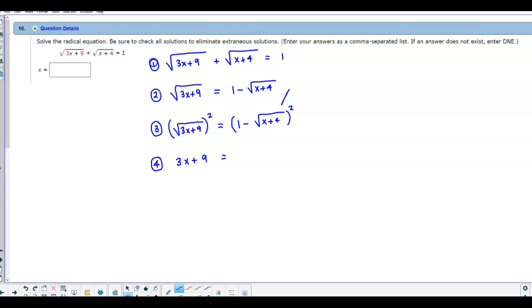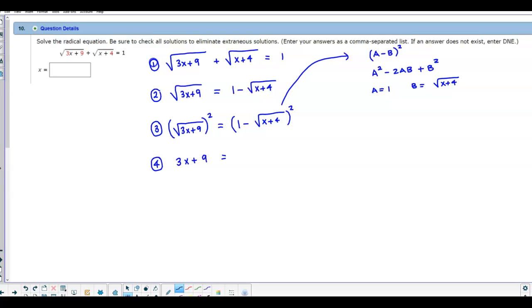Now, on the right side, we need to recognize that this is in the form of a minus b squared. And that, in turn, gives us a squared minus 2ab plus b squared. And so what we have to recognize here is that the value of a in this form is equal to 1, and the value of b is equal to the square root of x plus 4.